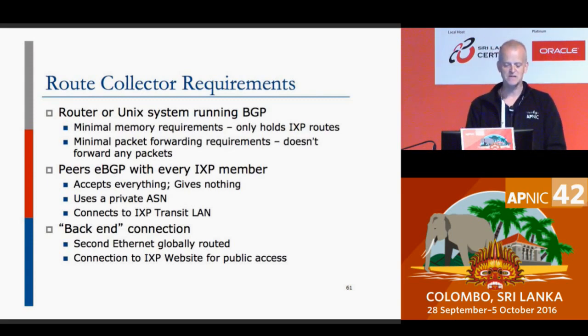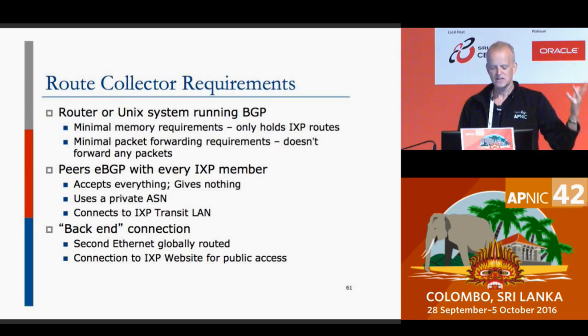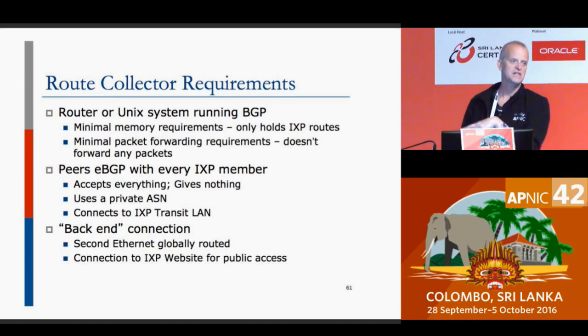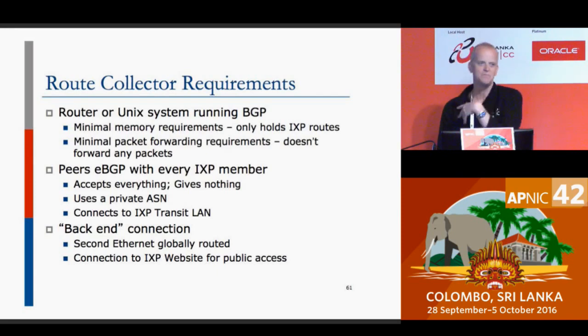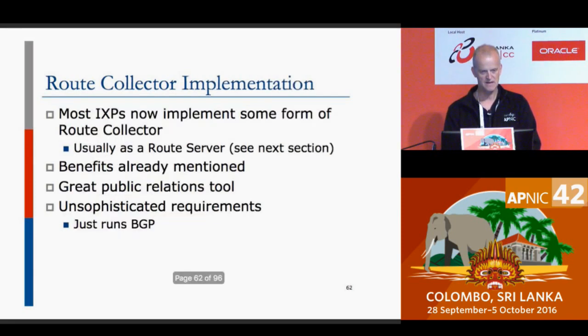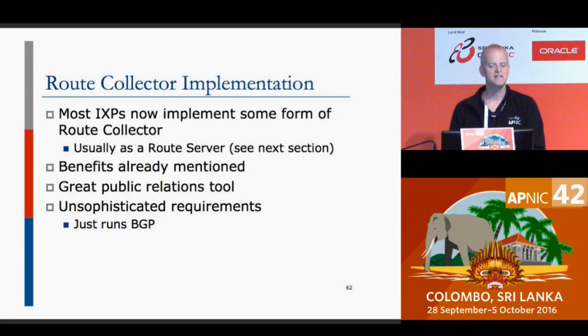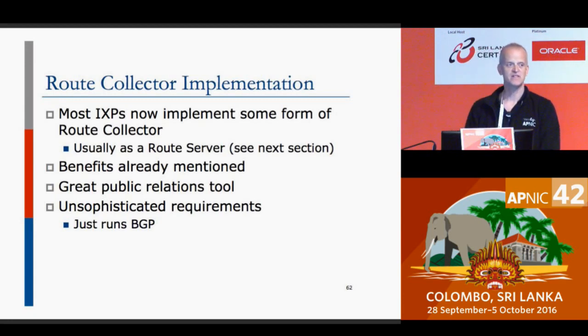It's only seen by the local members. And of course, there'll be a back-end connection to it, hooking it into a website so that somebody can connect to the website and operate looking glass commands to just do things like show BGP and so forth. So most of them will implement some form of collector, actually usually more as a route server.